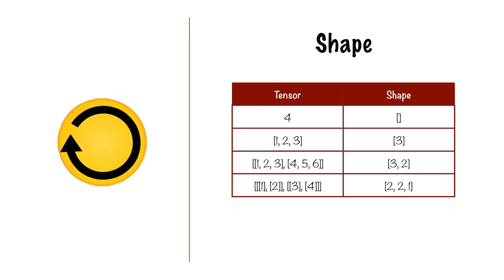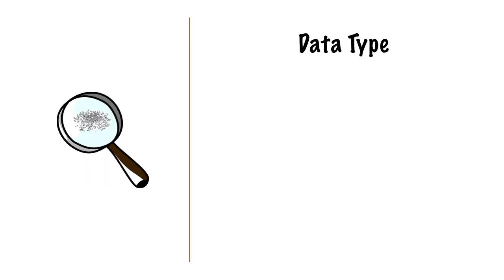So, for instance, the shape vector of a scalar is the empty vector, that's just a pair of square brackets. The shape vector of a vector is going to consist of just one element, that is the number of elements in the vector. The shape vector of a matrix is going to consist of two elements, that is the number of elements along each dimension of the two-dimensional matrix. And for an n-dimensional tensor, the shape vector will have n elements. That's as far as the shape goes.